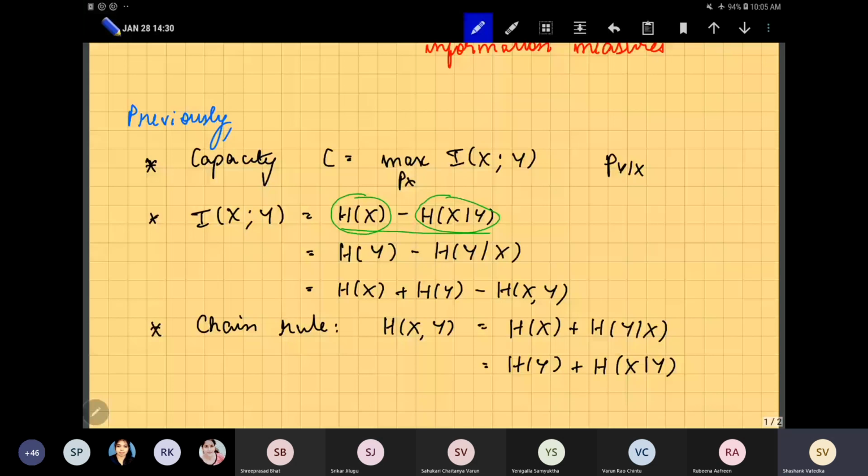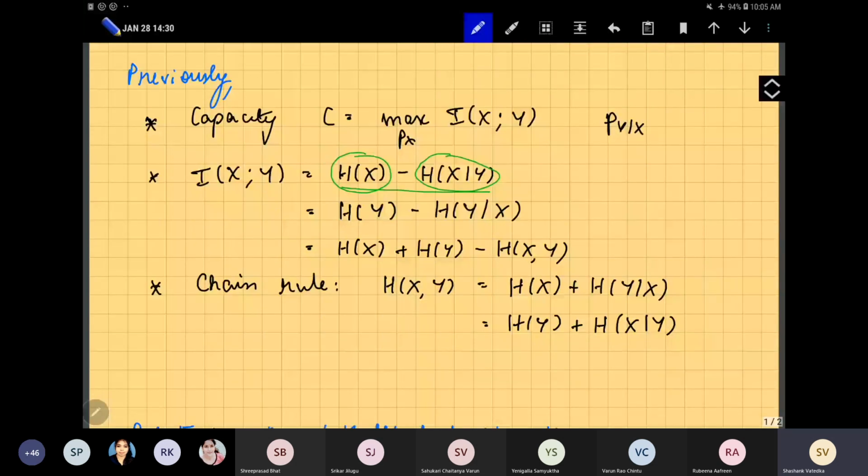We also saw the following chain rule for entropy.